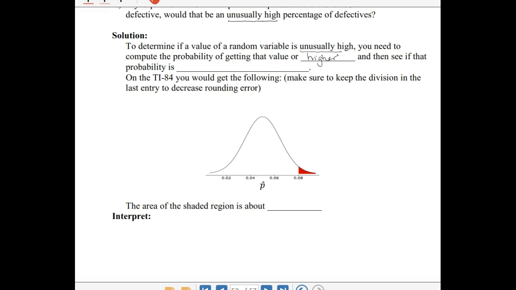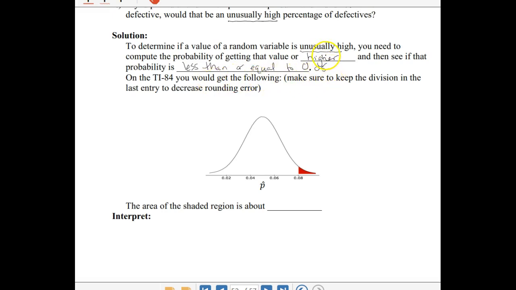And then we need to see if that probability is less than or equal to 0.05. So something's unusual if its probability is less than or equal to 0.05.